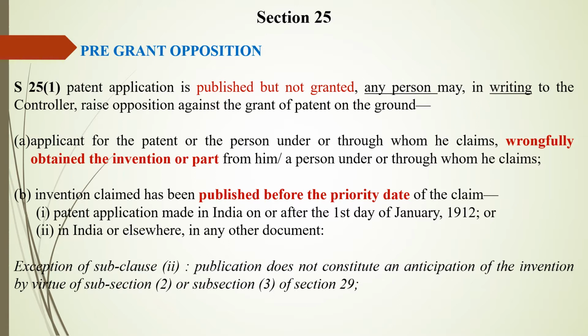If the patent application under consideration has the subject matter which has already been published before the priority date of that patent application, in that case, pre-grant opposition may be raised, but before the grant of that patent. There is some exception that will be discussed when we discuss Section 29.